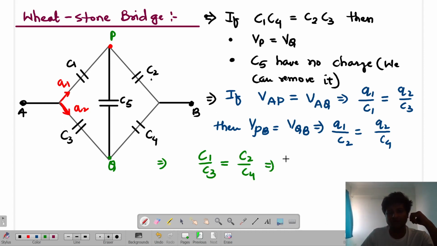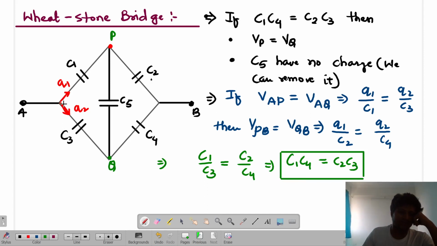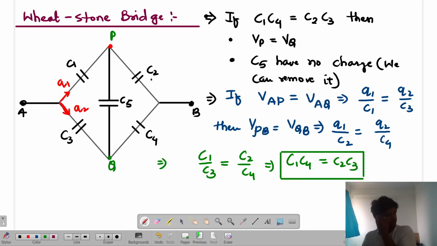You got this relation or not? That C1 C4 is equal to C2 C3. Is that clear? So when C1 C4 and C2 C3 are equal, then the potential of this line and the potential of this line is the same. Are you able to get me or not?